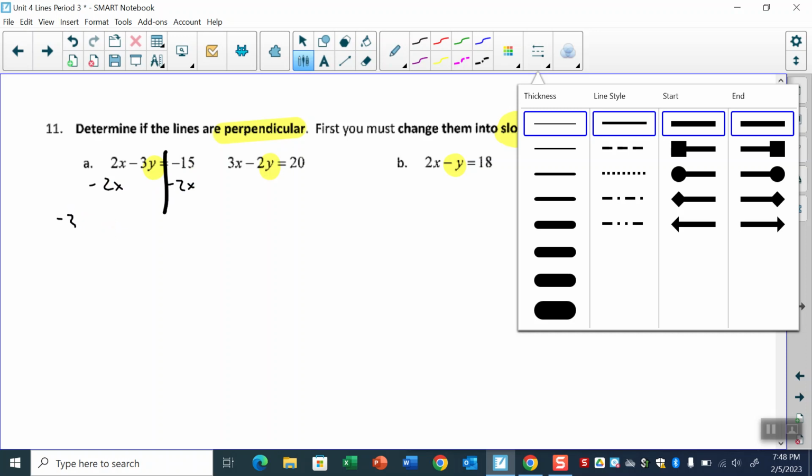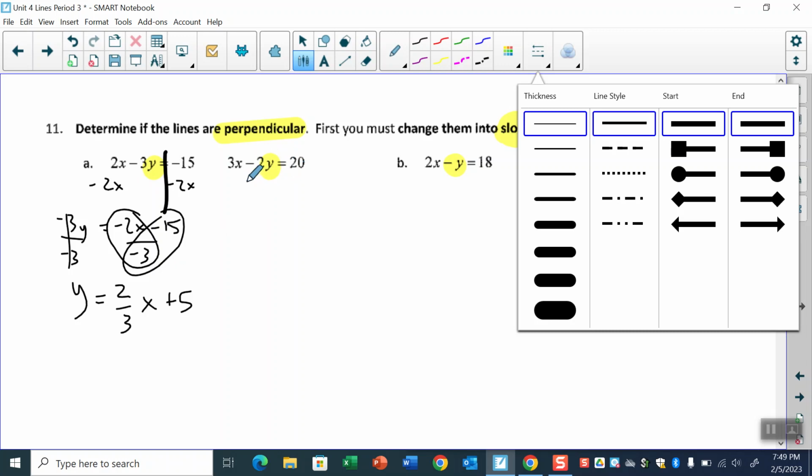So I get negative 3y equals negative 2x minus 15. Divide by negative 3. Boom. Y equals negative, negative, so that's positive, and then that would be 5. So this has a slope of positive 2/3, right?